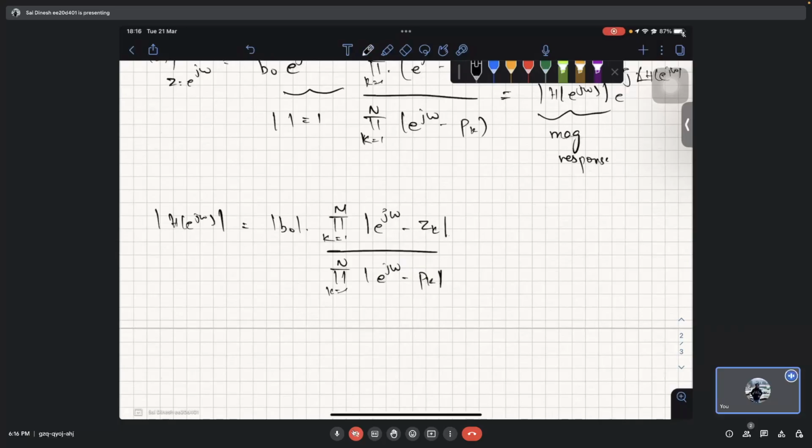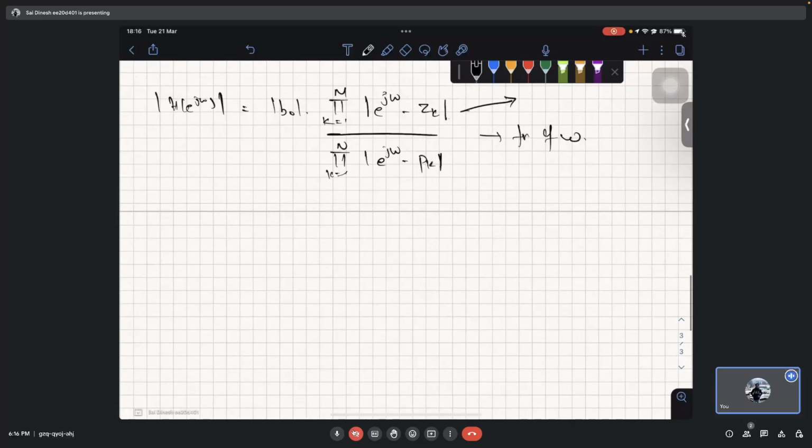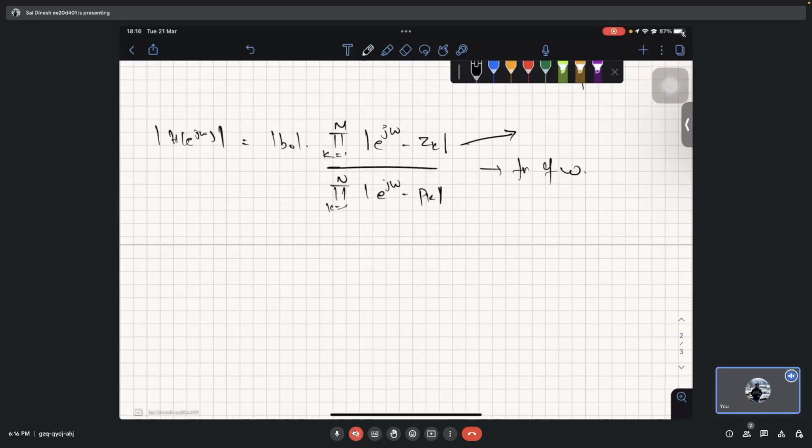So this is a function of ω. So this numerator is a product of the distances of the zeros, so this |e^{jω} − zk| is the distance of the zero zk from the point on the unit circle, from that particular ω, right?